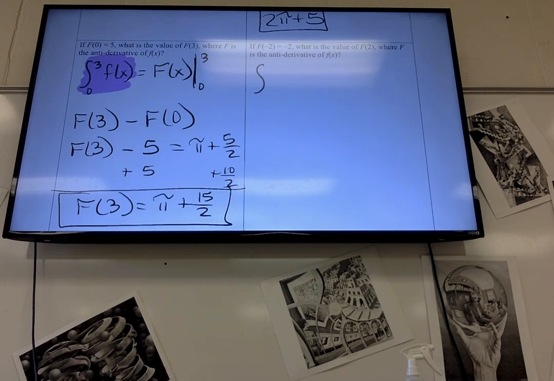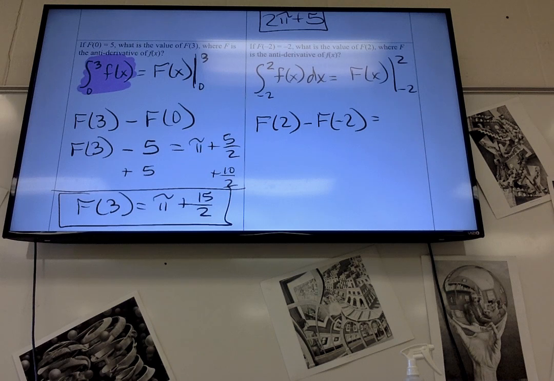It's the antiderivative, from negative 2 to 2 of f of x dx equals big F of x from negative 2 to 2. So that's F of 2 minus F of negative 2.